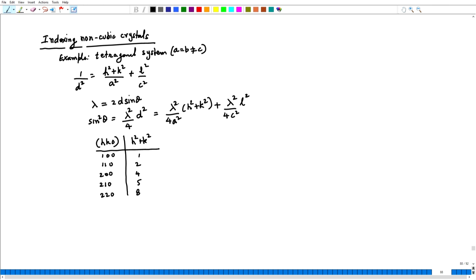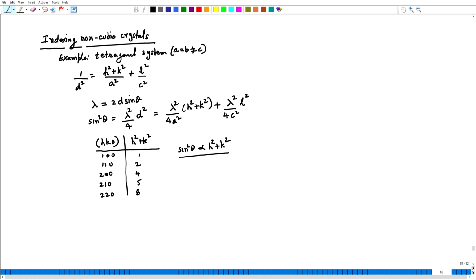Since l is 0, for these sin square theta would be proportional to h square plus k square. So, one can go in exactly the same way that we did with the cubic system, except that here we will have to look at which peaks conform to this proportionality between sin square theta and h square plus k square.